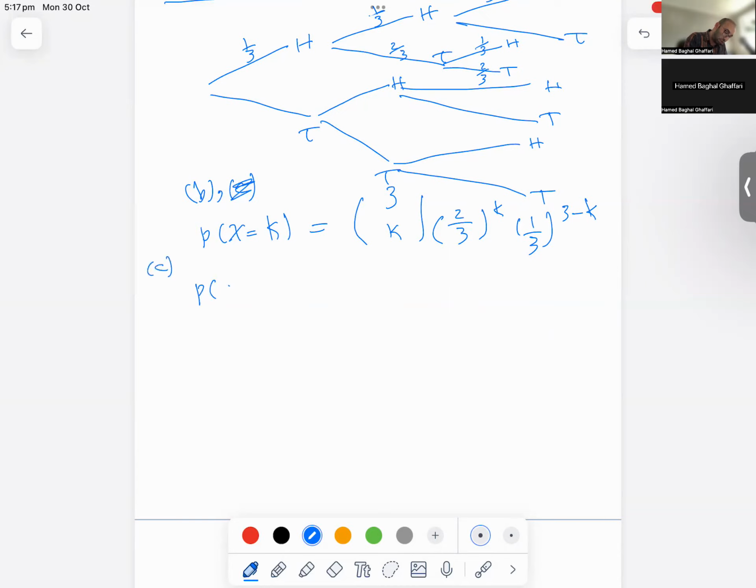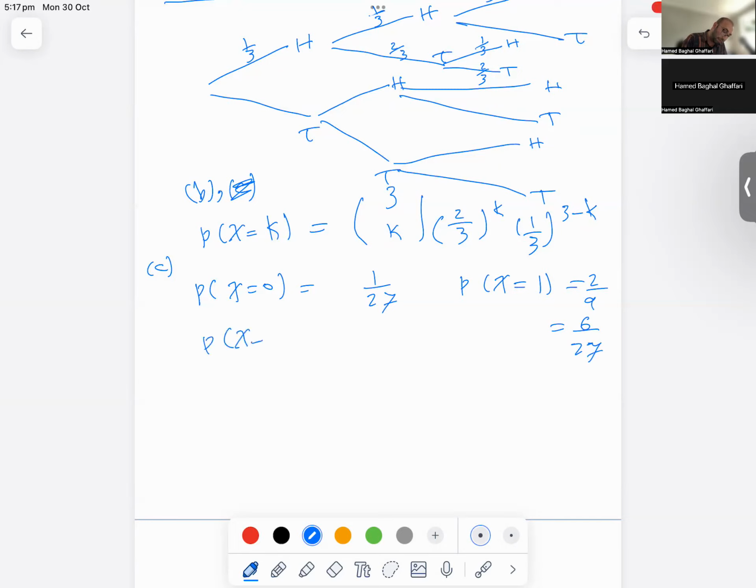All right, let's do this. C is here. So X equals 0. If I substitute K equals 0, I will get 1 over 27. The probability of X equals 1, one tail, is 2 over 9, times 3, which is 6 over 27.